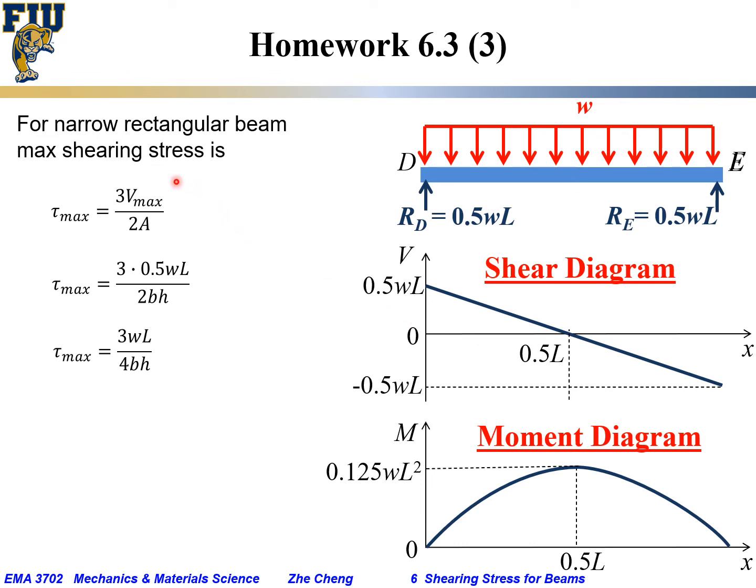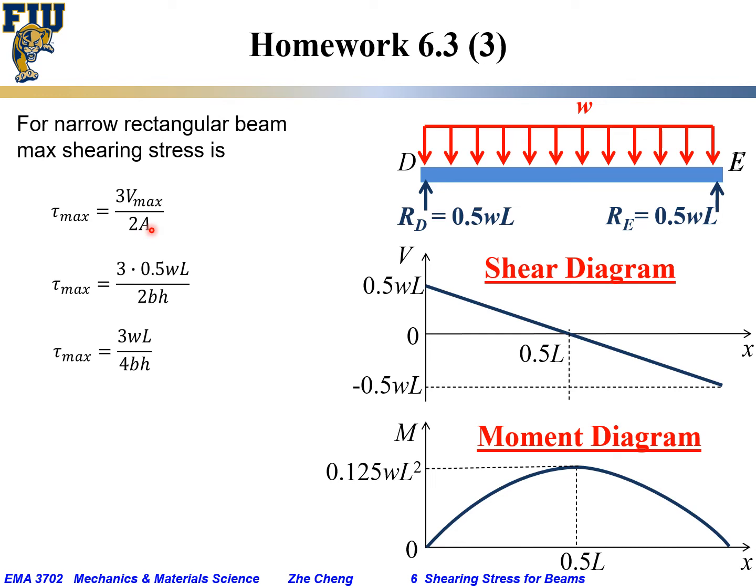Also from this chapter, we said for a narrow rectangular beam, what do we mean by narrow? For a rectangular beam, if the height is 4 times the width of the base, or h is 4b or larger than 4b, then the maximum shearing stress can be approximated as 3 times the vertical shear over 2 times the normal cross-section area.